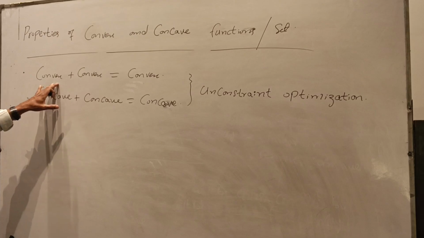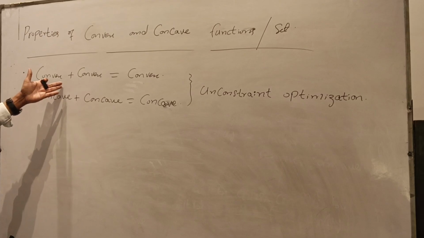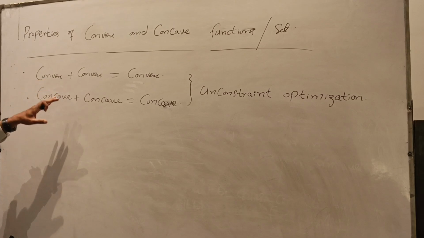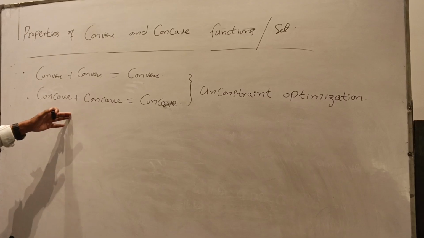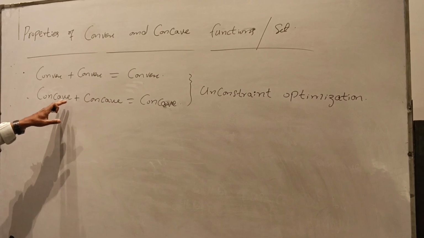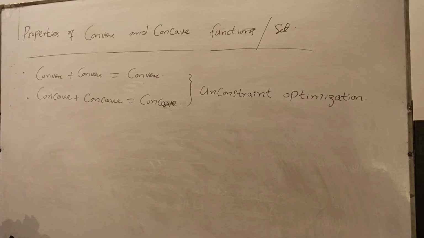Because your objective function is cost, which is in nature convex. Your objective function is revenue or profit, which is in nature concave. Now, but if you have a budget constraint and the utility function, clear, and if you have the revenue function and the cost function, simultaneously you are dealing with both functions.